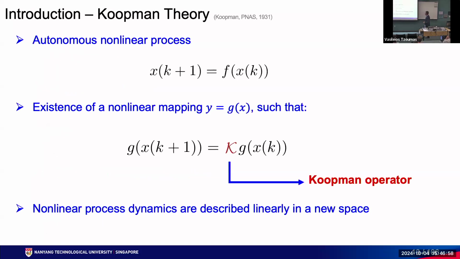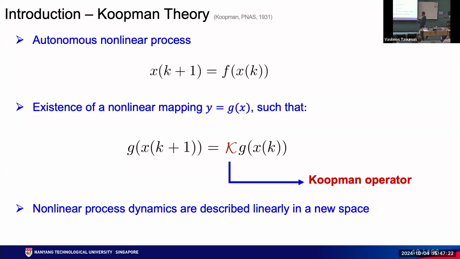Okay. A recap of the equation. Now we can see the autonomous system. According to Koopman theory, this is very straightforward. For any autonomous nonlinear system, there always exists a nonlinear mapping from X to Z, sorry for the typo. There always exists such a nonlinear mapping, but the dimension is not deterministic.